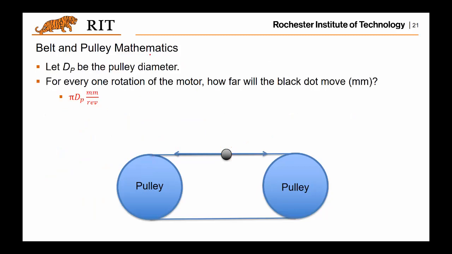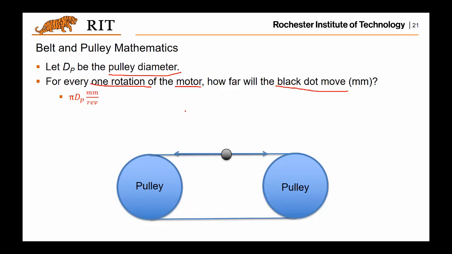So for example, if you already know the pulley diameter and the pulley is connected to the motor directly, then how do you come up with the distance the black dot moves with one rotation of the motor?